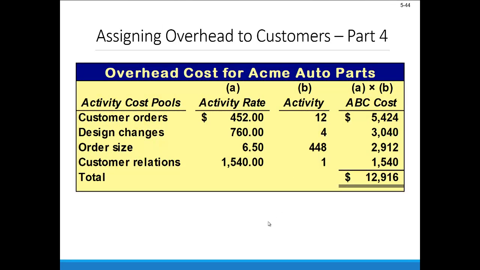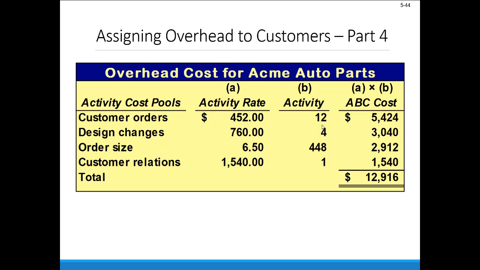So to assign cost to this customer, we're going to do that assignment in essentially the same way as we would to the individual products, by taking the activity rate for each activity cost pool that's appropriate times the actual activity consumed by the customer. So first up, we had that customer order activity cost pool that had the rate of $452 per order.